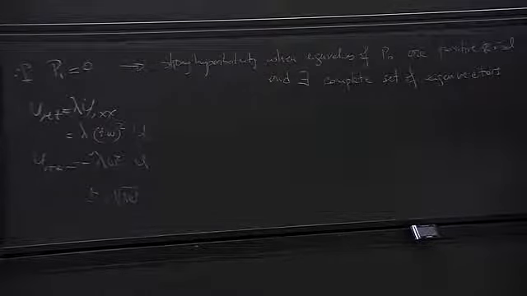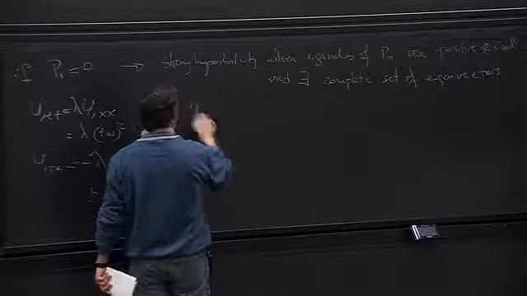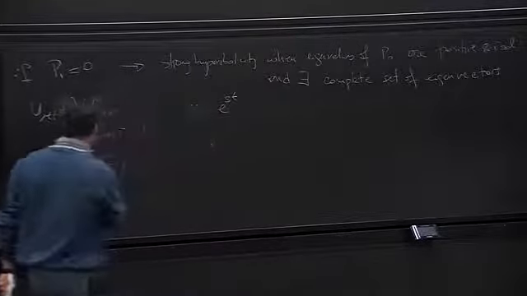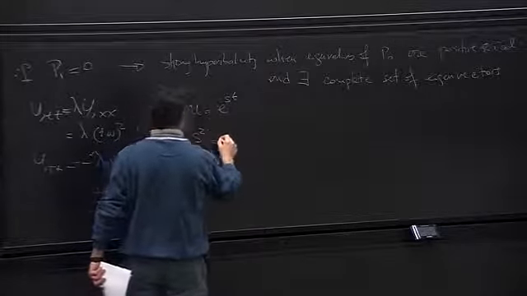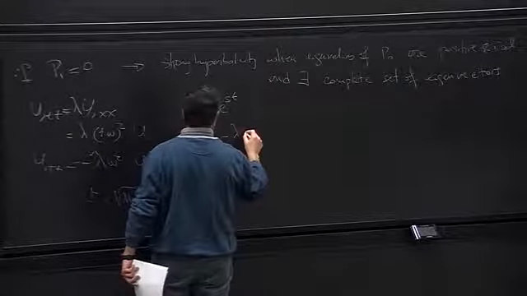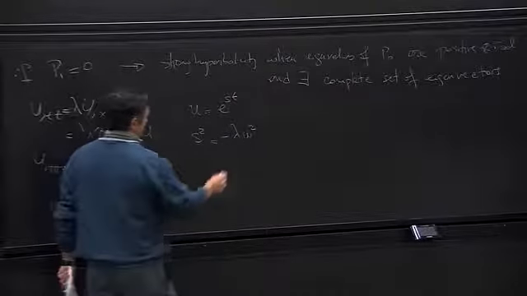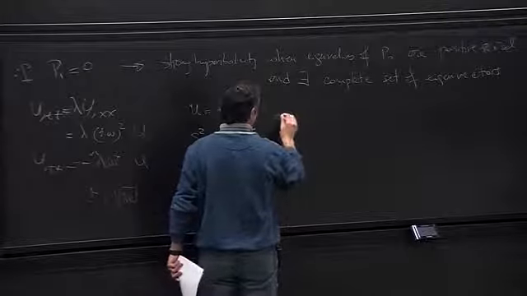So let me do that explicitly if you want. Imagine that we put an ansatz for u, e to the st. When I plug this in here, the equation is s squared equals minus lambda omega squared.